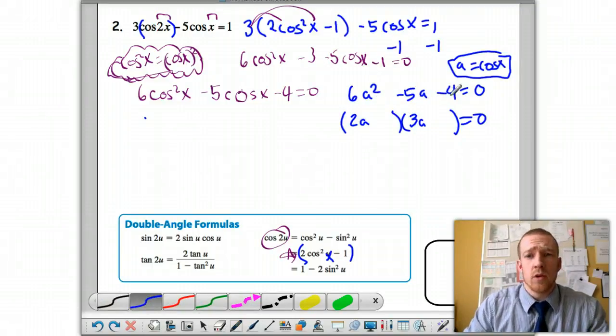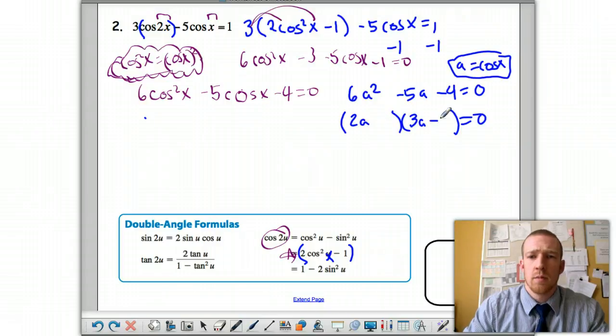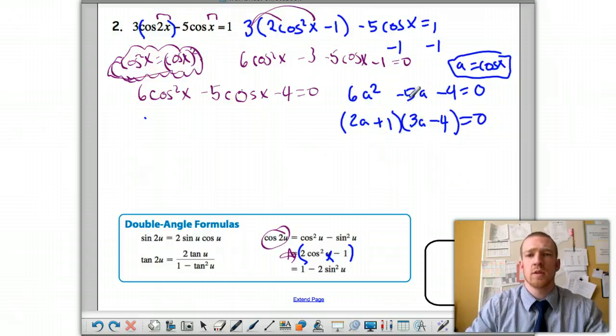And then it could be a 1 and a 4, or a 2 and a 2 that multiply to give me a 4. So I think it's going to be a minus 4 and a positive 1. Alright, so we get 3a and a negative 8a, and that would add up to negative 5a. And these, of course, multiply to negative 4.